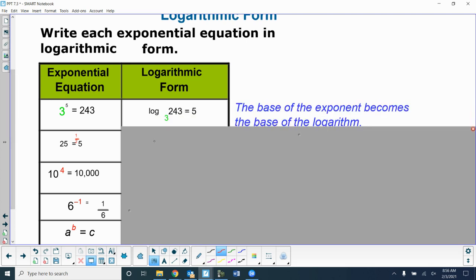Is that a 5? That is a 5, yes, very good. It's kind of hard to see that 3 from where you guys are, but she's right. 3 is the base in the exponential problem, so it's log base 3, of the number, equals the exponent. Remember, the log is the exponent. The log always equals the exponent.